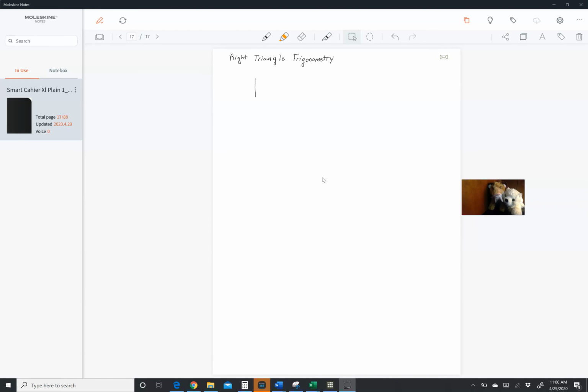If we take any right triangle, keep in mind that in a right triangle, you have a right angle. If you don't remember from geometry, this symbol means our right angle. A right angle is 90 degrees.